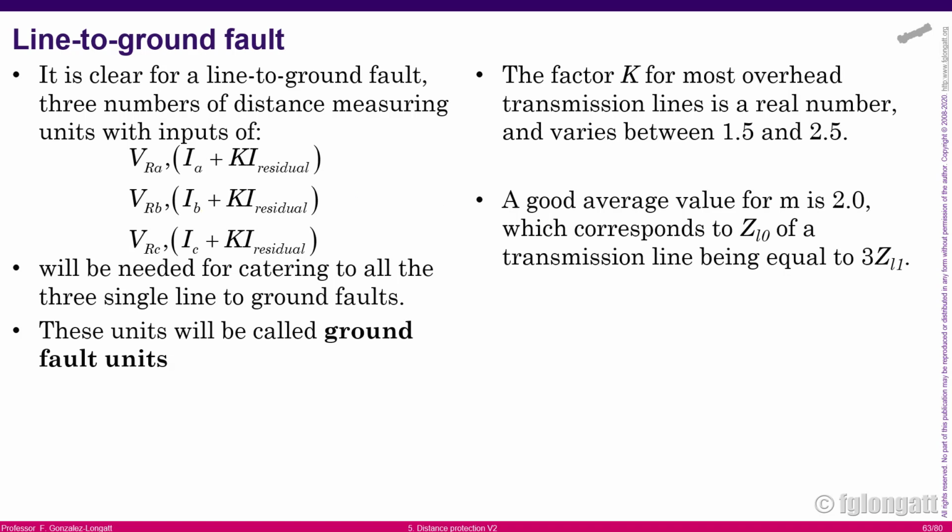Well, the settings will be defined by the voltage at the relay location, phase A, B, and C, and then, instead of using the short circuit current, we need to compensate the short circuit current, including the K factor that defines the ratio between positive and zero sequence, okay?